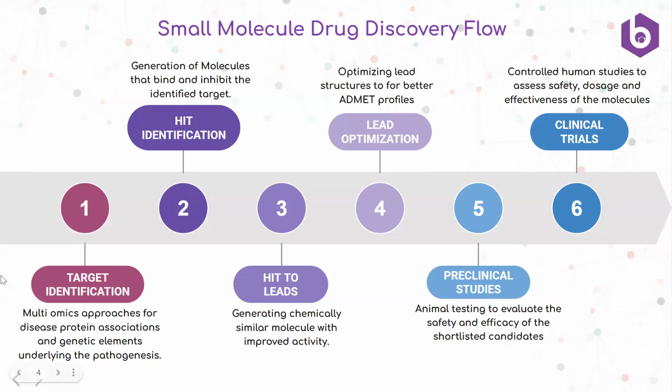So these are the major stages within drug discovery, and these are major stages that have been adopted not just in silico, but this has been the traditional route of drug discovery that has been happening over ages. And almost all of these stages, which is hit identification, hit to lead, and lead optimization, usually happen in a lab setting.